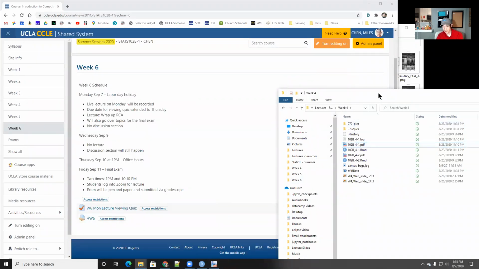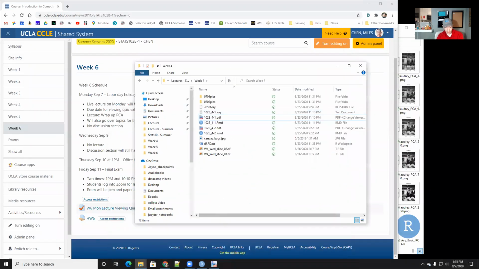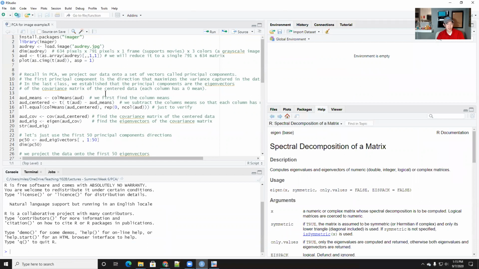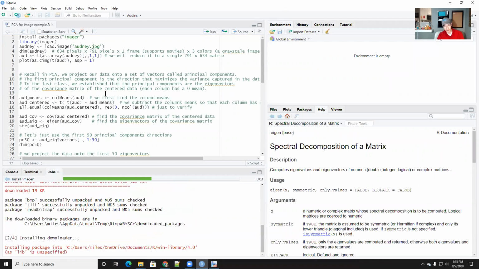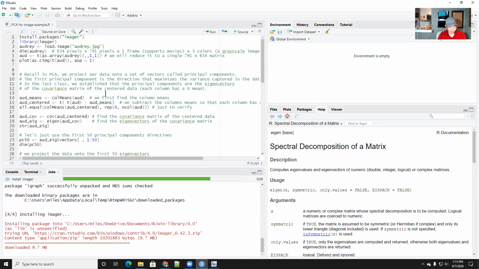Okay. All right. So for today's example in class, I thought I would do an example of PCA, a neat application of it.